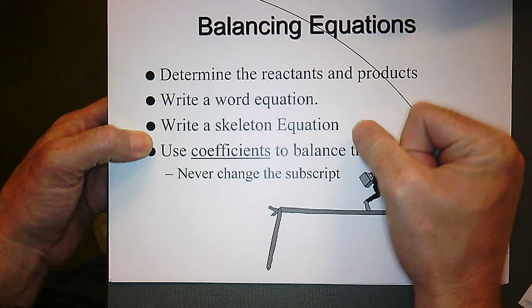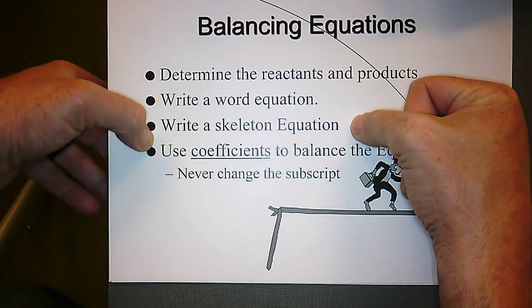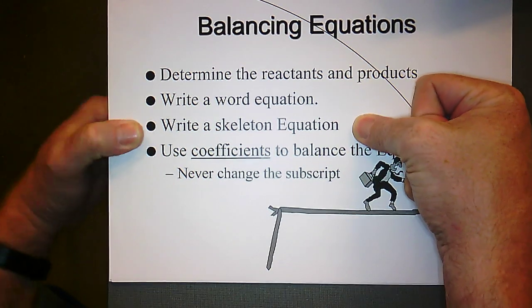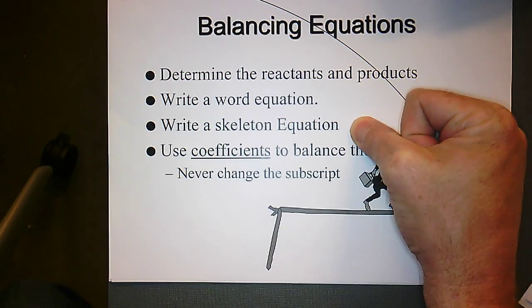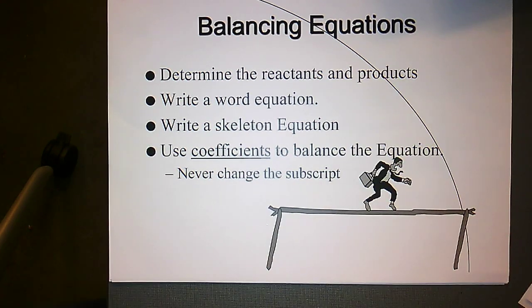For what we're going to be doing today and your practice you'll be doing on Monday, they're going to start you with a skeleton equation. Okay? And I don't know if that's a technical term. That's what I call it. All right? It's the bare bones. That's why I call it a skeleton equation. And then you're going to use coefficients to balance the equation.